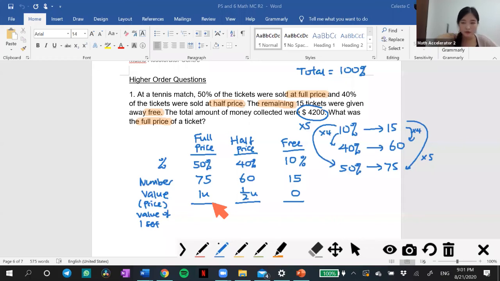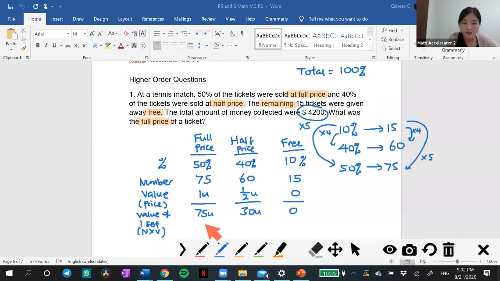Okay, it's about 9:01 already. Let's just quickly try and finish this question and the next one. So you times them together, n times v. So 75 times 1, 75 units. 60 times half unit, 30 units. 15 times 0, no more.